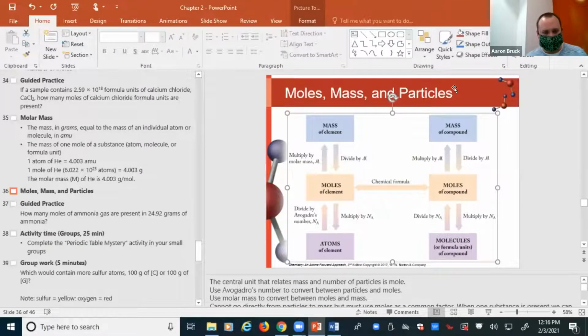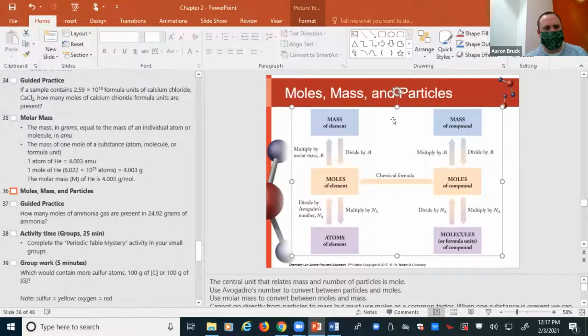So in this particular example, we want just a relatively simple conversion. We're going from a mass of a compound down to moles of a compound. We can see that those two are linked together. It's a one-step conversion. This one should be relatively easy to work on and do.